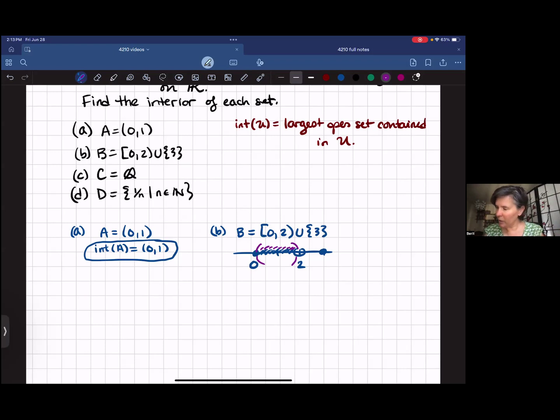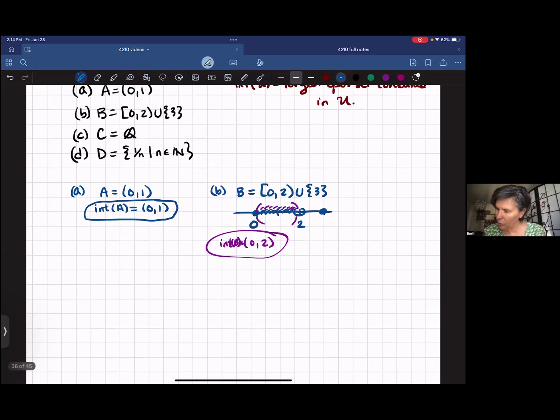So the biggest open interval I can get on the left-hand side is just to go from 0 to 2. Now, what about the 3? Can I squeeze an open interval inside that point? No, I can't. And so the interior of B is just the open interval from 0 to 2.